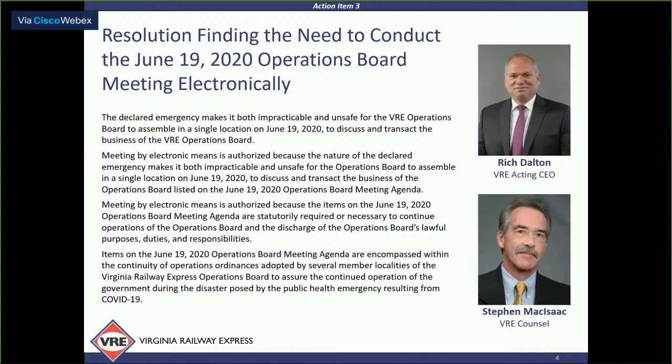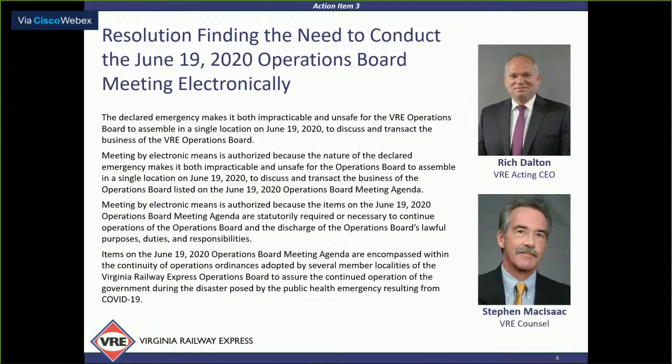The VRE Operations Board finds that meeting by electronic means is authorized because the nature of the current declared emergency makes it both impractical and unsafe for the operations board to assemble in a single location, and meeting is statutorily required or necessary to continue operations in the discharge of the operations board's lawful duties. And the items on today's agenda are encompassed within the continuity of operations ordinances adopted by several member localities of the VRE to assure continued operation during the disaster posed by the public health emergency resulting from COVID-19.